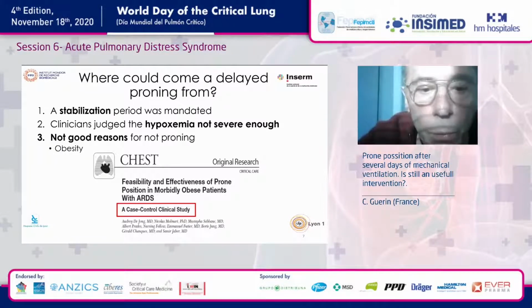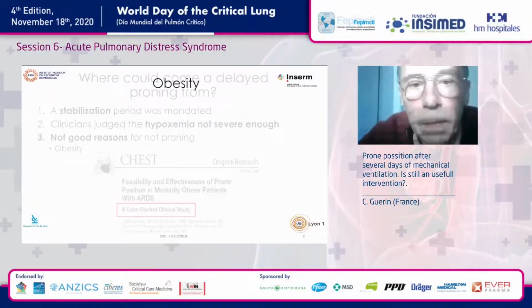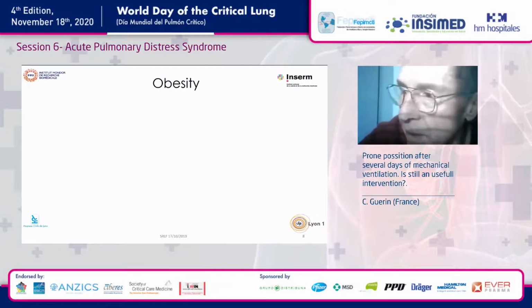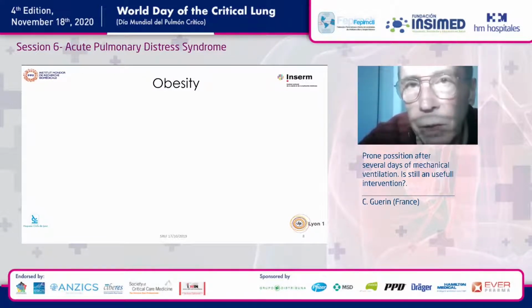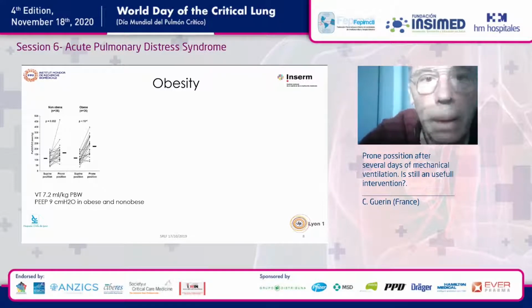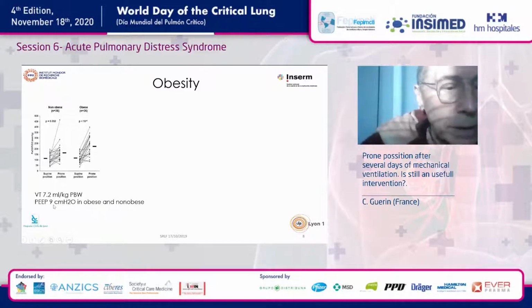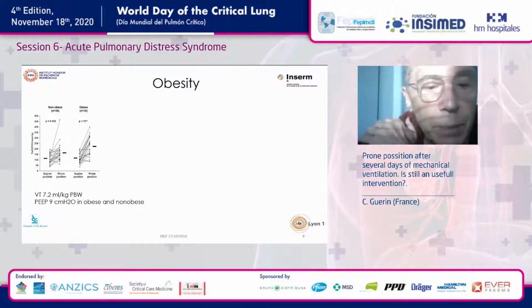Actually, in the literature, we have a few data about the use of prone positioning in obese patients, and we have this nice study coming from the group of Samir Jaber in Montpellier in France, which is a case control clinical study in patients with morbid obesity and ARDS. Some patients were prone and they were compared with patients who were not prone. What they found, surprisingly, first, was that the settings were the same between the two groups, with the same 7.2 ml per kilogram predicted body weight in both groups, and the same 9 centimeters of water peak in both groups.